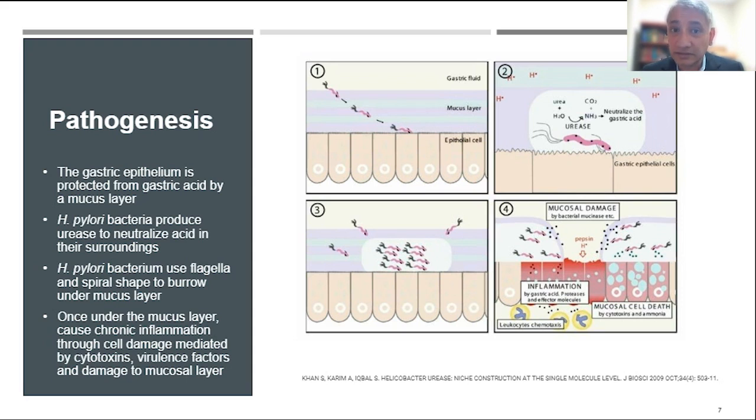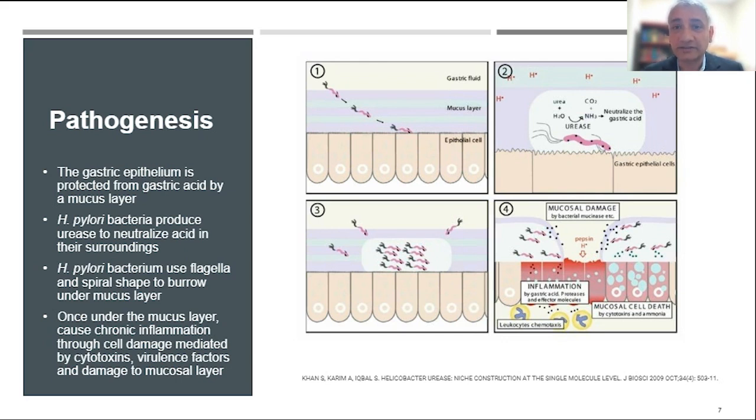We mentioned earlier that the bacteria is flagellated, so the flagella can help the bacteria burrow into the mucus layer. Its spiral shape also helps it sort of corkscrew into the mucus layer and get next to the epithelial cells. One of the hallmarks of H. pylori bacteria is that it produces the enzyme urease.